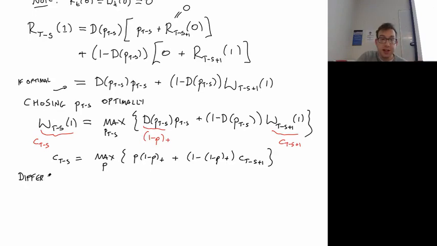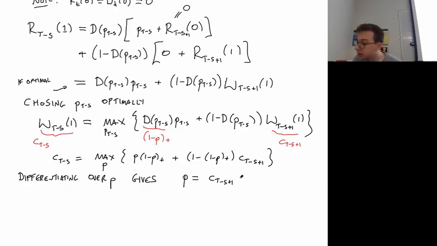Differentiating over p gives, I'm not going to do the calculation for you, that p is equal to c of t minus s plus 1 divided by 2. I'll let you check that when you get home.